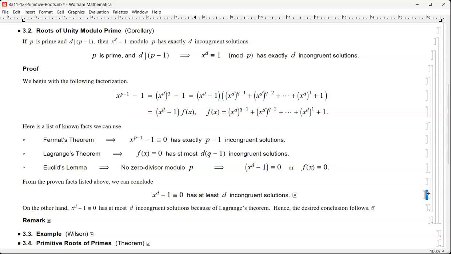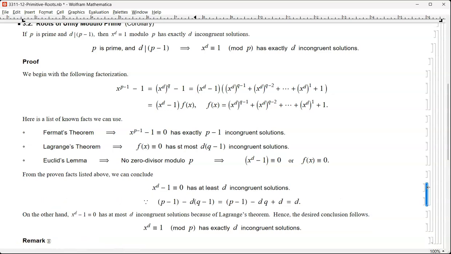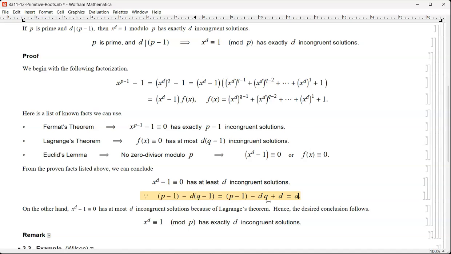However, Lagrange's theorem says at most d as well. So combining those, at least d from this computation and at most d from Lagrange's theorem, we get precisely d incongruent solutions. By the way, let me open up this computation again. Precisely p minus 1 solutions from here.